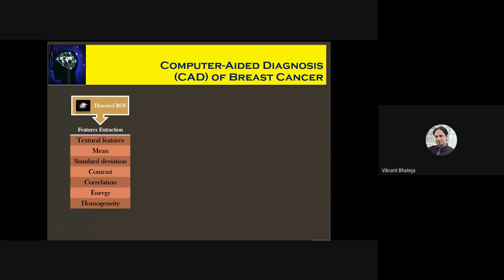We have this detected region of interest, and now we are going to extract features. Let's say we are extracting some textural features over here. As I told you, they are all statistical kinds of features. One is the mean, then the standard deviation feature, contrast, correlation, energy, homogeneity, or it could be any other type of features. Now these features are extracted from the ROI.